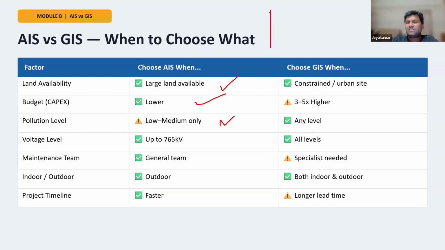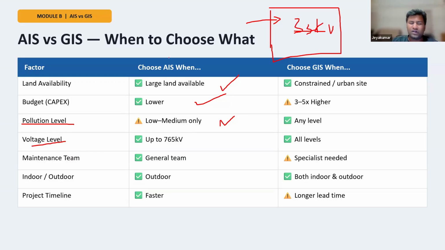When your substation is in an open area, it tends to face environmental effects like high wind and heavy rain. Because of that, there could be a short circuit or insulator failure. That is what defines your pollution level. Voltage level, it is available from 33 kV onwards, guys.